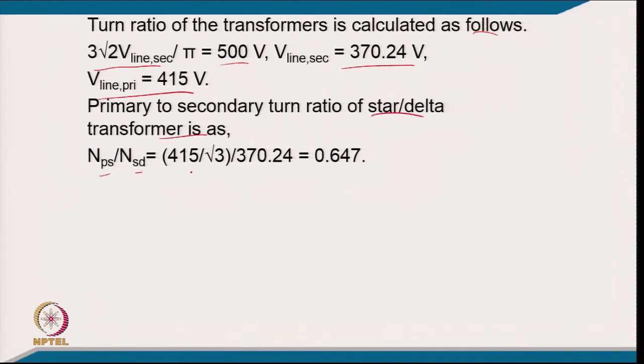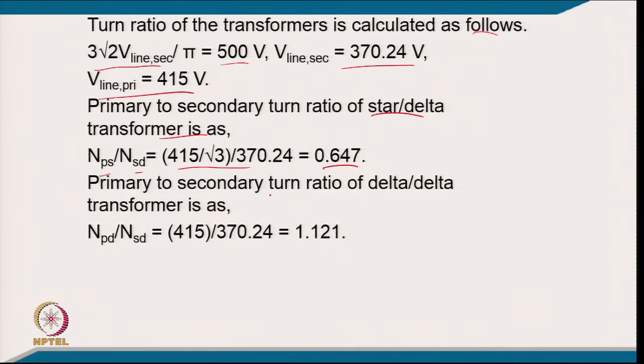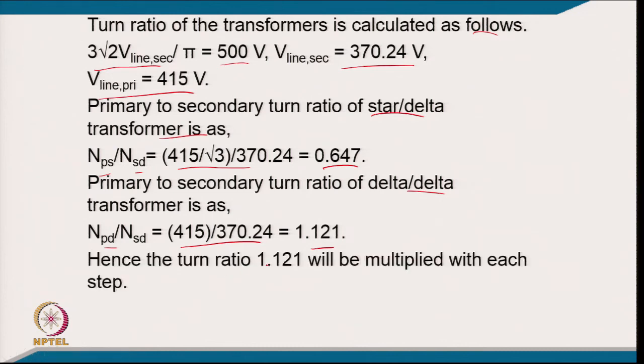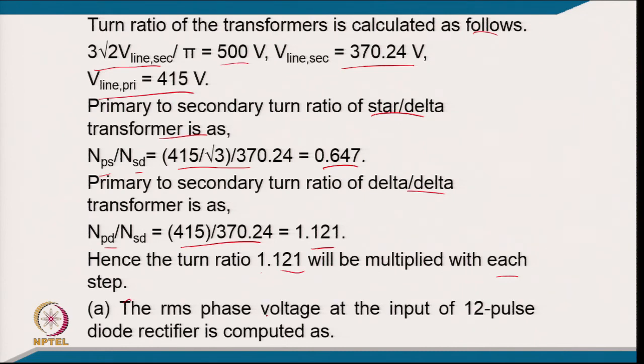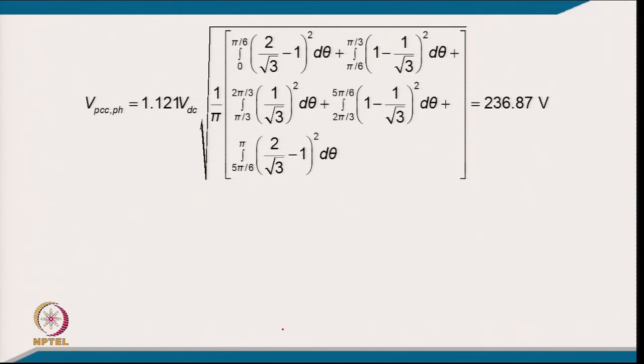The primary to secondary turns ratio from this voltage comes 0.647, and for the delta delta connected transformer, putting the voltage on both sides, we get the turns ratio 1.121. Hence, the turns ratio of 1 to 1 will be multiplied with each step, and the RMS phase voltage at the input of the 12 pulse diode rectifier is computed accordingly, with VDC, and that is the first segment.